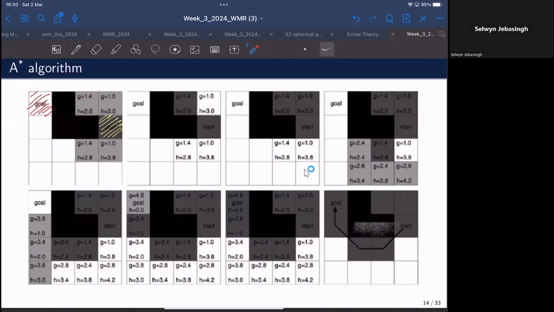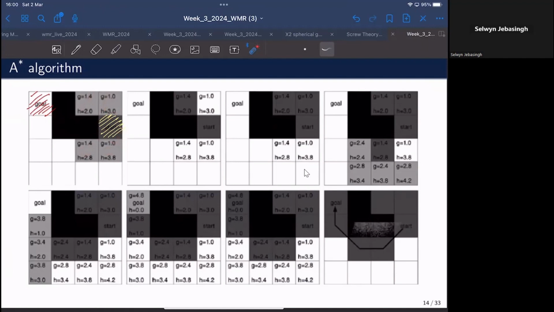For example, if you expand all the nodes that are neighboring to the start node, you can estimate the path cost and the heuristic cost of all the neighboring nodes of the start node, which are this node, this node, this, and this.